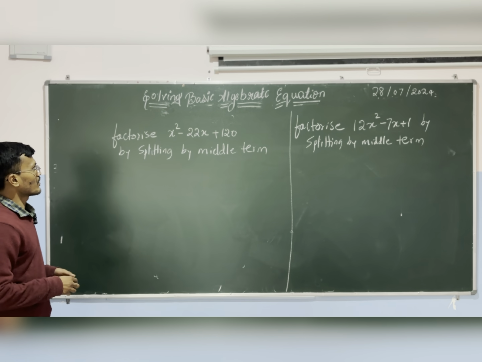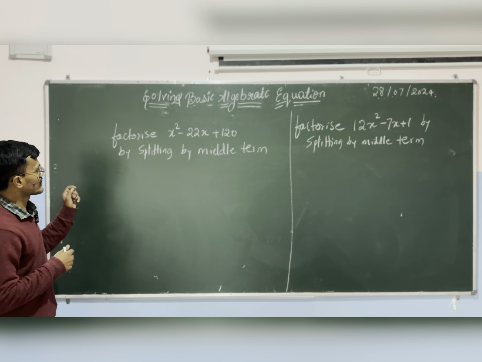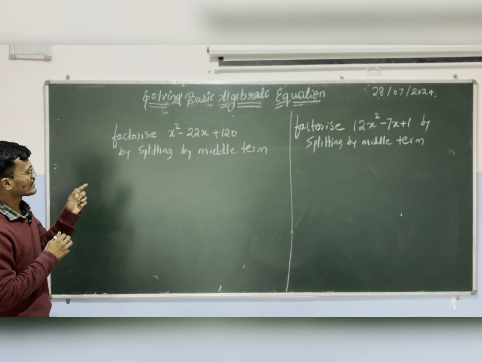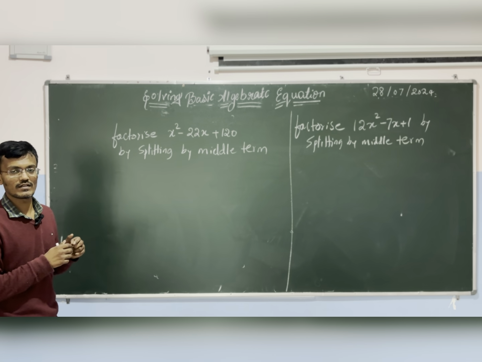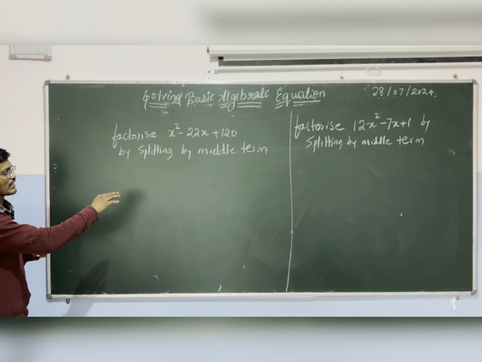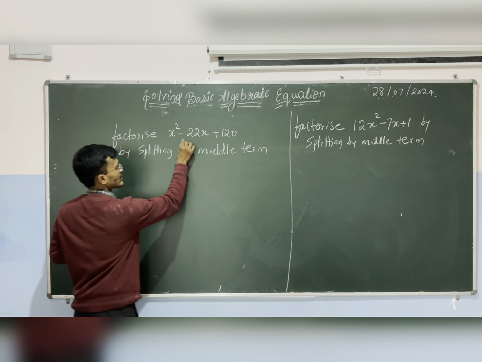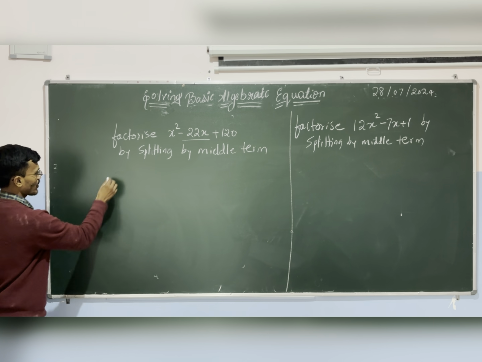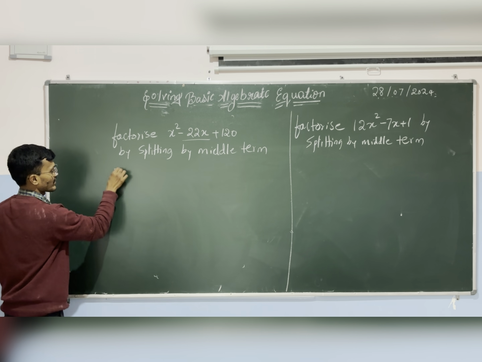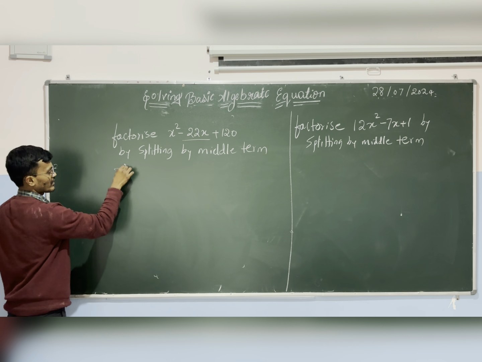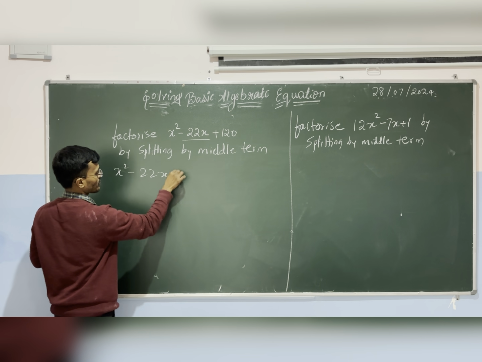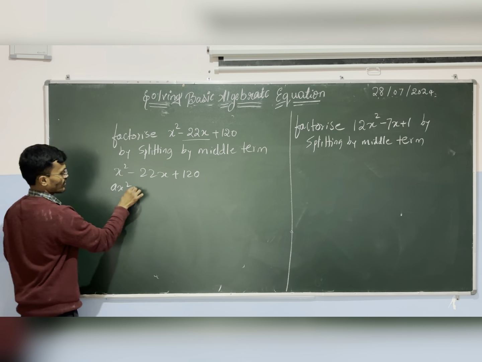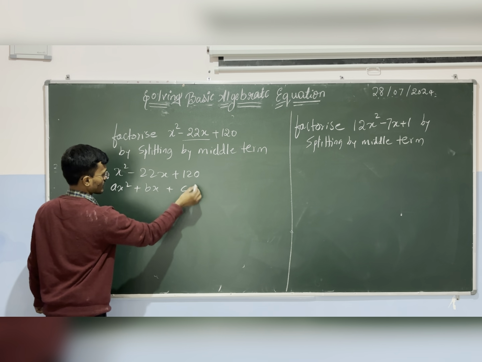Now in algebra we use another type of equation. Factorize x square minus 22x plus 120 by splitting the middle term. How do we split it? Before splitting, write x square minus 22x plus 120 in the quadratic form ax square plus bx plus c.